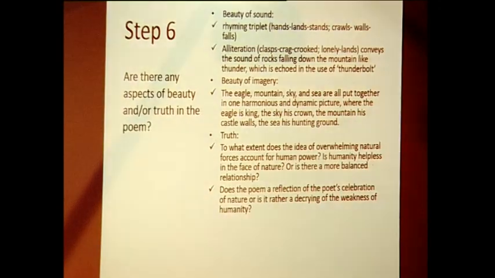And the truth. Is there any truth in the poem? Does it convey some knowledge apart from the beauty? Now we can ask, to what extent does the idea of overwhelming natural forces account for human power? If we accept the idea that nature's forces are very powerful and very strong, where is human power?